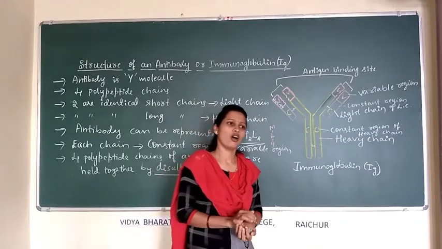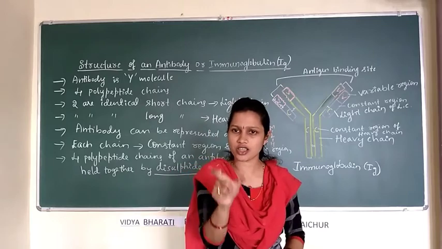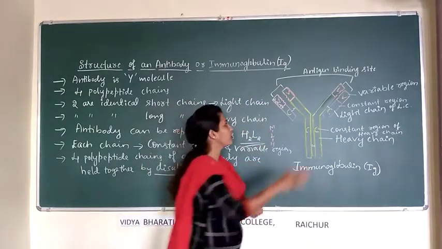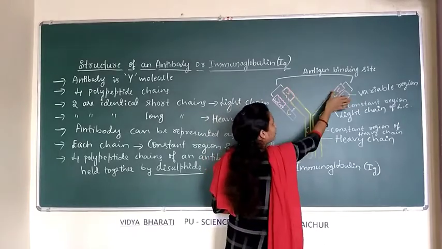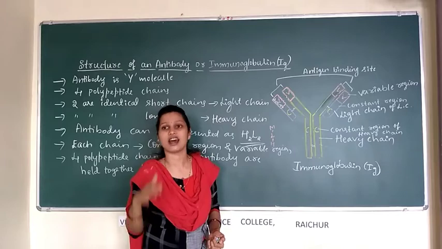That means in all the antibodies, the amino acid sequences in the constant region remain the same. The only difference is in the variable region, where the amino acid sequences are different.